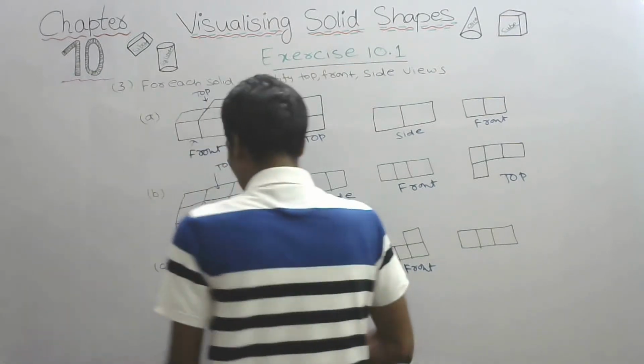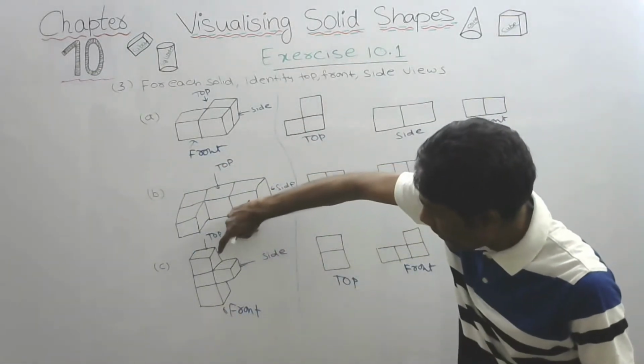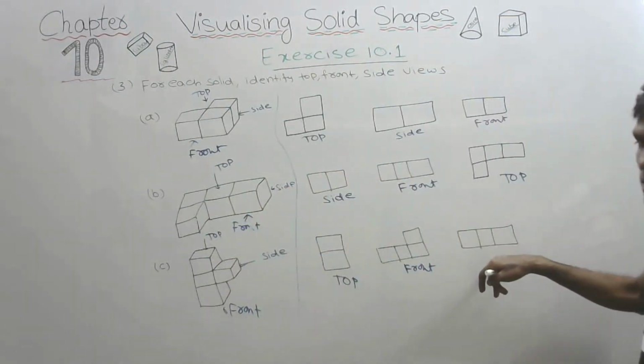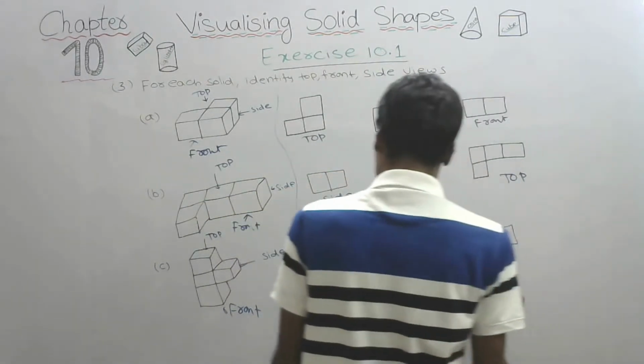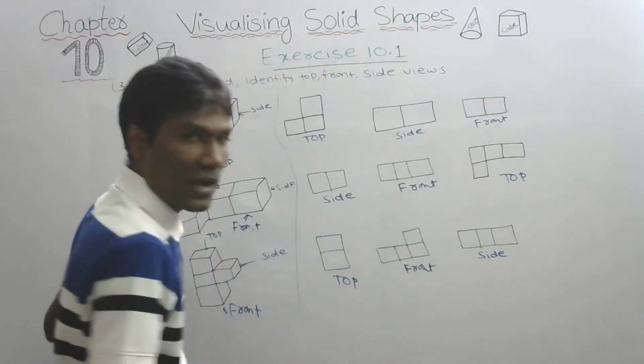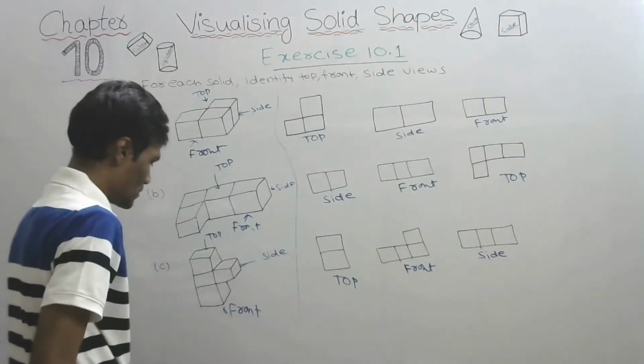And from side, this square and these 2 in a line, 1, 2, 3. So this is side view. A, B, C, D and E we will do now.